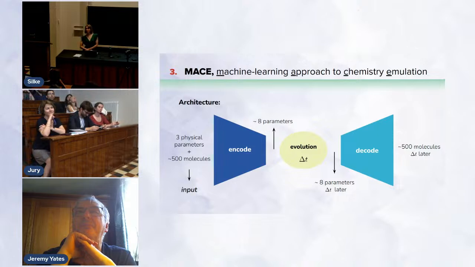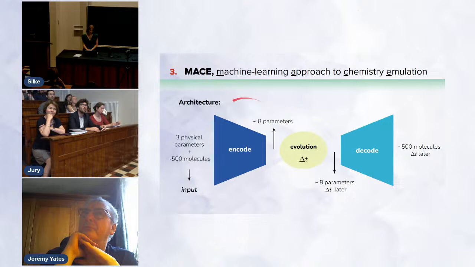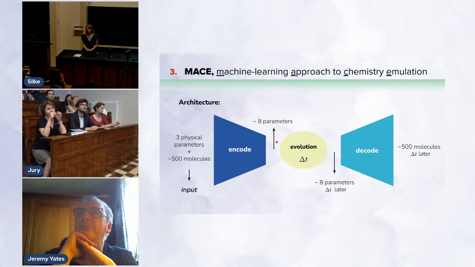And regarding the relation between these 8 parameters and your input, did you, by any chance, try to decode a bit how the different species are related to each of these 8 parameters? So we haven't looked into the relation between the parameters here in the latent space and the input, but we have tried different sizes of latent space.